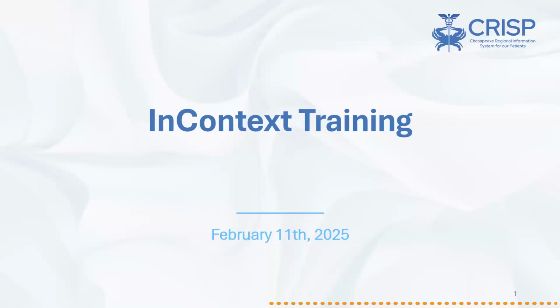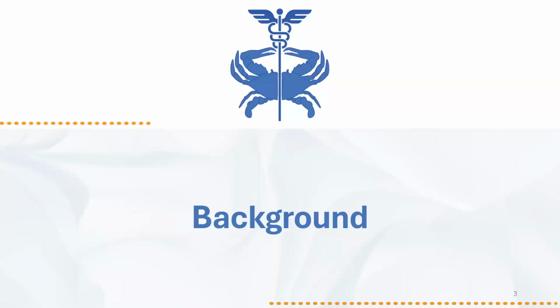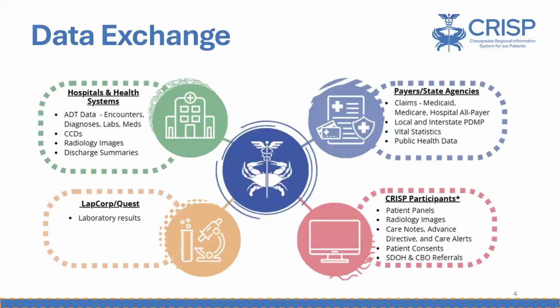So the first thing I wanted to talk about in terms of background is all of the various data sources that CRISP receives to aggregate as part of a patient record. We work with hospitals and health systems to receive their ADTs and CCDs, as well as radiology images and discharge summaries.